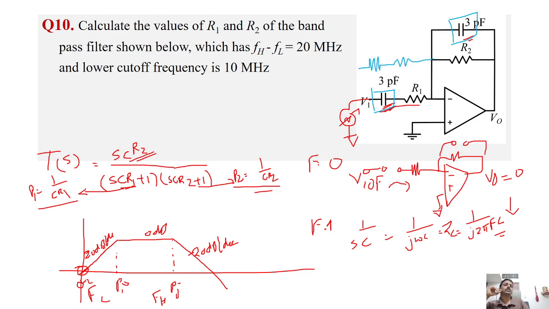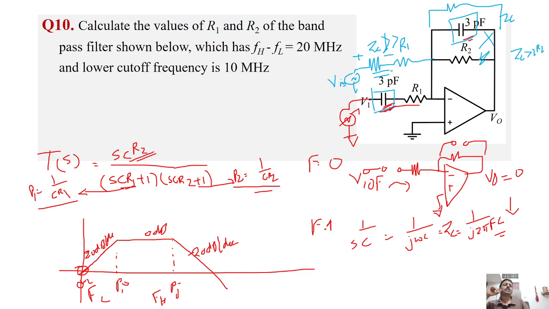If it is a series combination, the entire voltage will drop across this element, if ZC is very high compared to R1. The Vin will be almost dropping across this ZC. And what about here? Since ZC is kept in parallel with R2, and ZC is very much higher than R2, it is more or less like R2, with no effect of ZC.